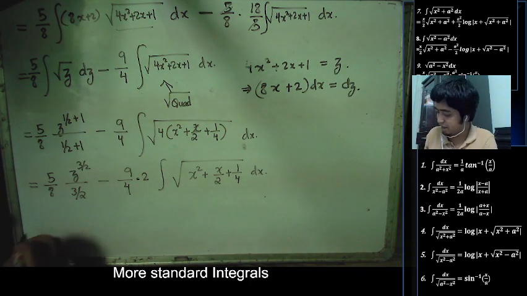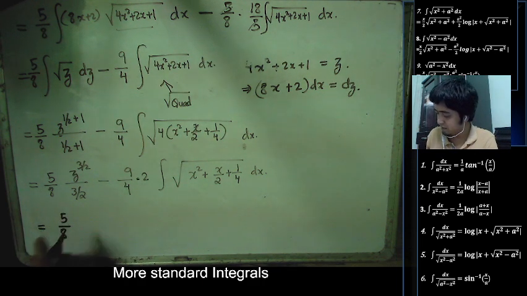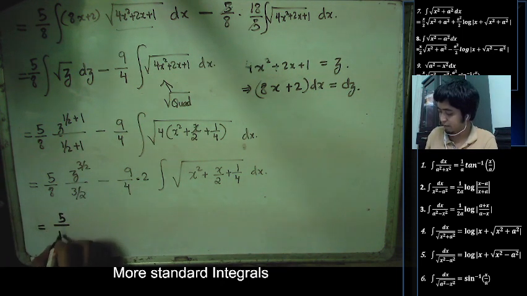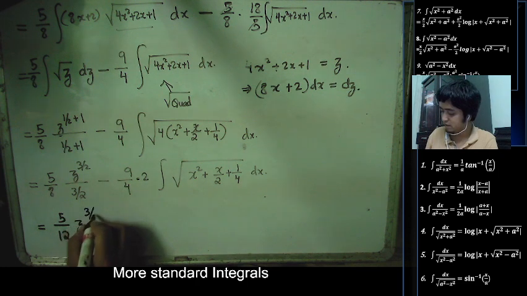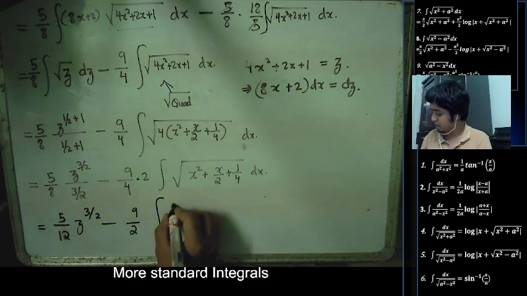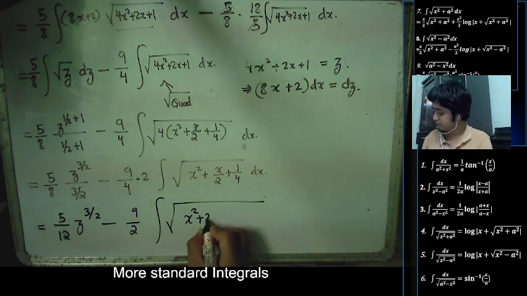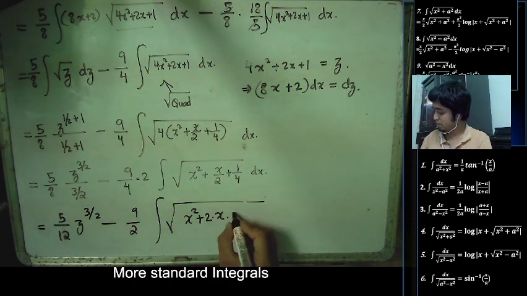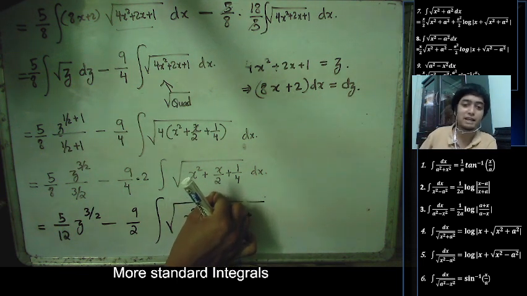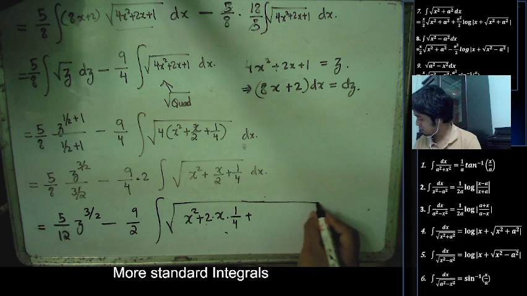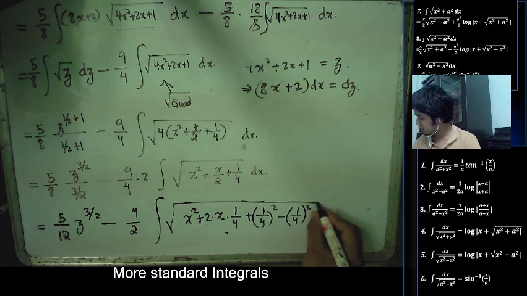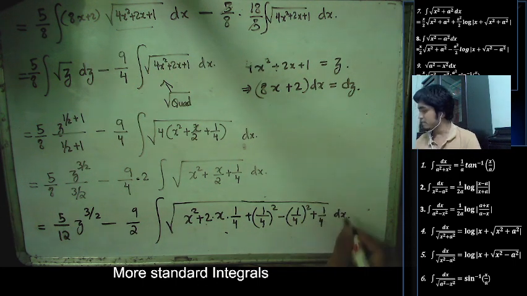Again, these problems are really long. So 5 by 8. I will do some simplification. After simplifying, 5 by 12, you will be having this, minus 9 by 2. Now complete the squares over here by using that formula a squared plus 2ab. You will be needing x by 2, so I will write over here 1 by 4, because if you multiply this one, you will be getting x by 2. So x plus 1 by 4 whole squared minus (1 by 4) whole squared plus 1 by 4 dx.